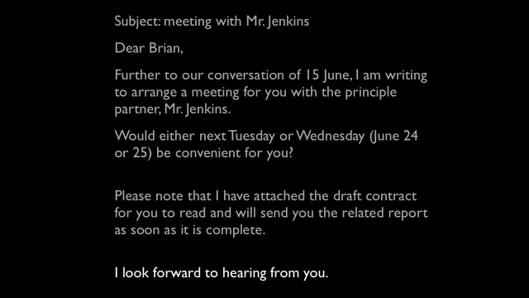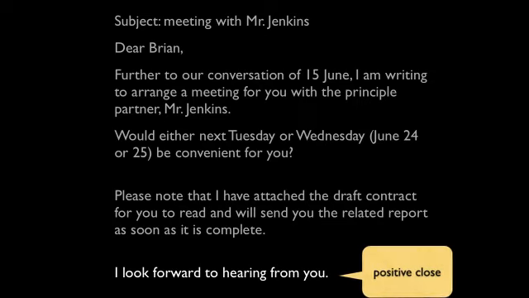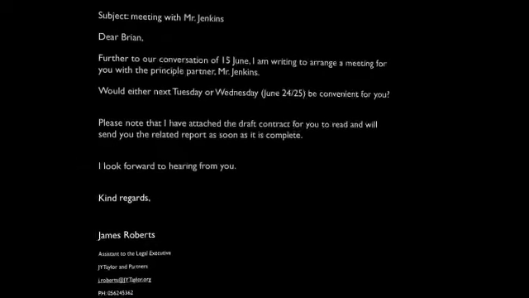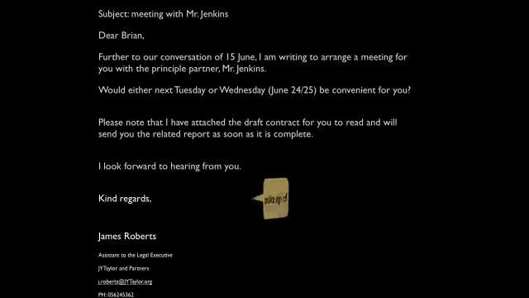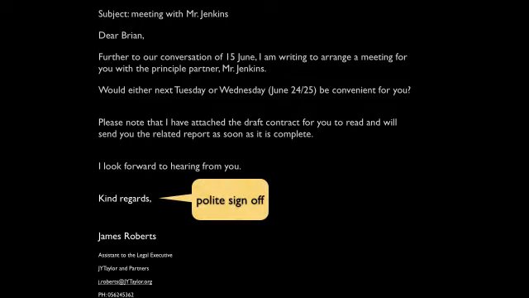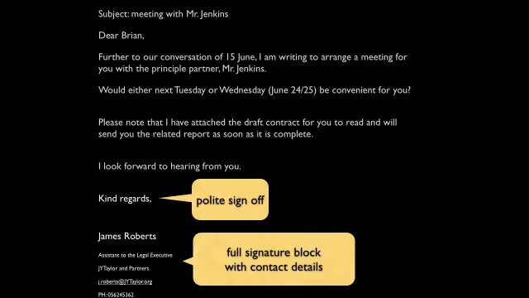We finish with a typical letter-style positive or complimentary close, which usually points or refers to future contact. Our sign-off is with "kind regards" plus the comma, but for America, "best regards" is more common. A full signature block gives all the necessary contact details.